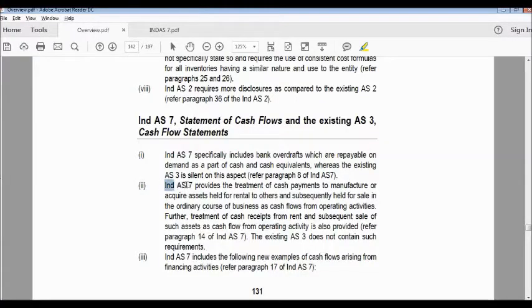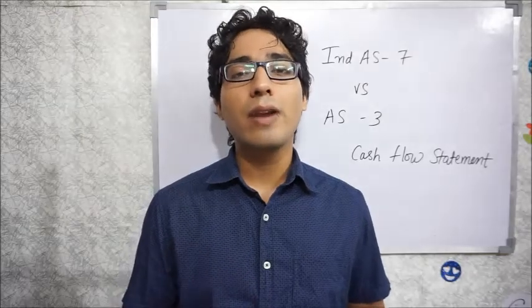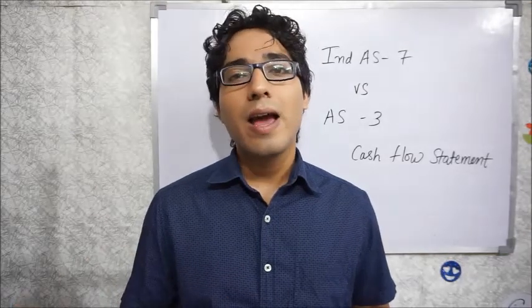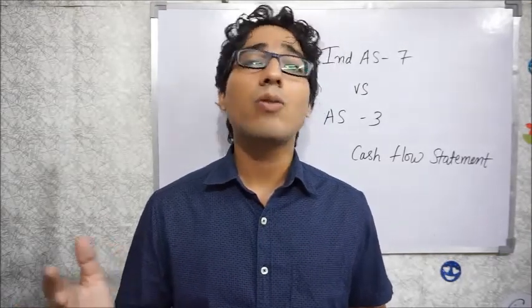The next difference is that Ind AS 7 provides the treatment of cash payments to manufacture or acquire assets held for rental to others and subsequently held for sale in the ordinary course of business as cash flow from operating activity. So you acquire some asset and put it out on rent, and then subsequently you sell those assets.